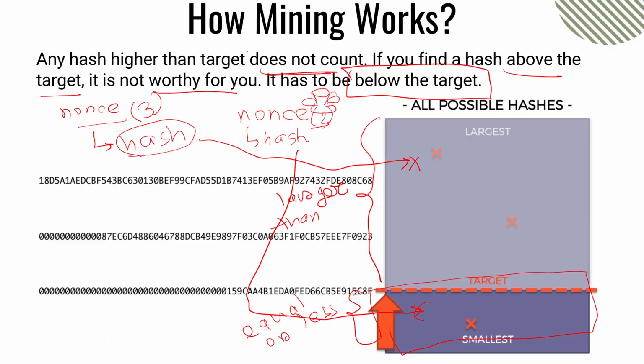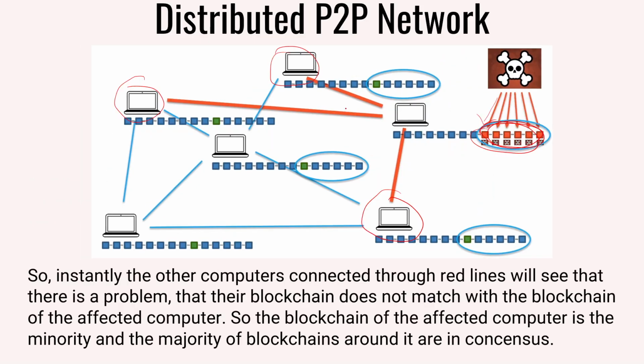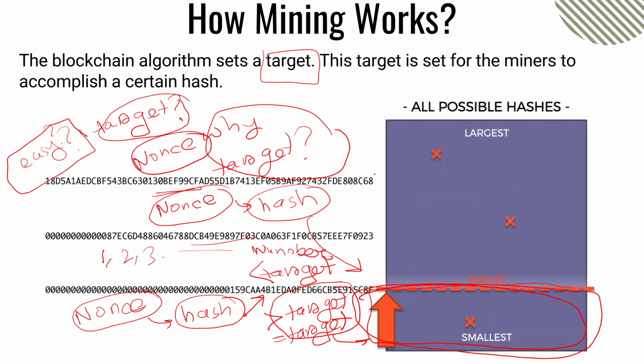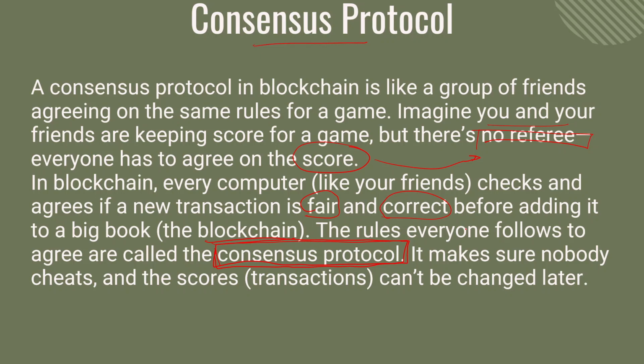As I said earlier, every computer has its own blockchain, and each blockchain is related to each other. Each of these computers has agreed on the rules of the blockchain, and these rules are called the consensus protocol. And this consensus protocol makes sure nobody cheats, and that the scores, which means the transactions, cannot be changed later.